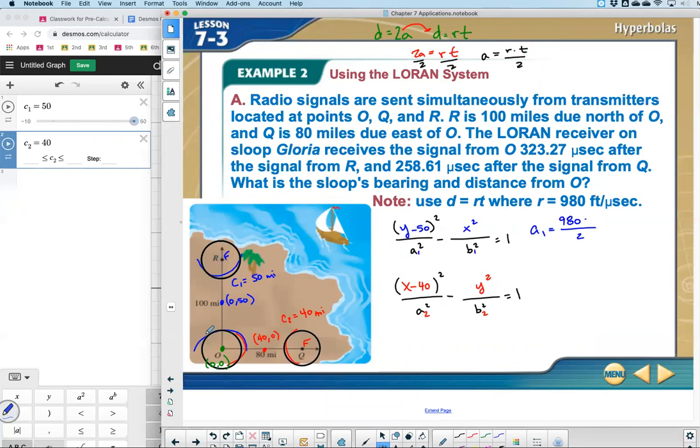A1 is going to go with the vertical hyperbola, so I'm looking for the difference in time between beacon R and O. It says the Loran receiver, the long range receiver, on Sloop Gloria received a signal from O this time after the signal from R. So O and R, you get this time right there. I'll plug that in: 323.27.